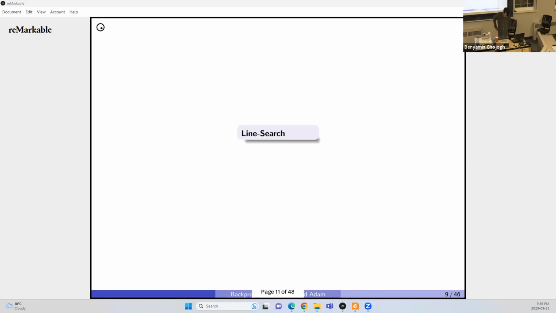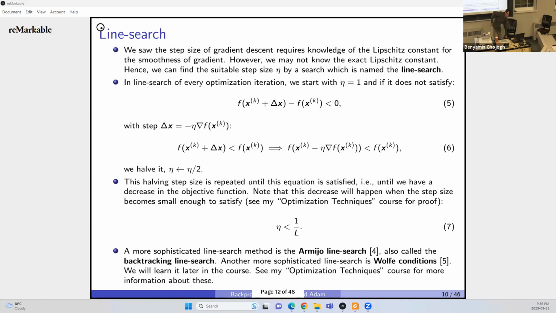Oh yeah, I have talked about line search. We saw that the step size of gradient descent requires knowledge of the Lipschitz constant for the smoothness of the gradient. However, we may not know the exact Lipschitz constant. As I say, it's very hard. So let's find it by line search. In line search, at every optimization iteration, we start with eta equals 1, a big number.